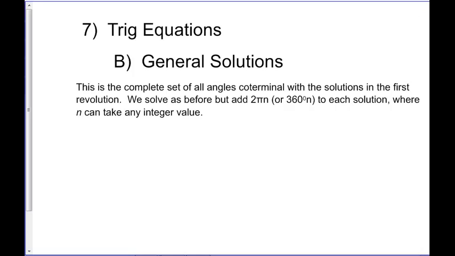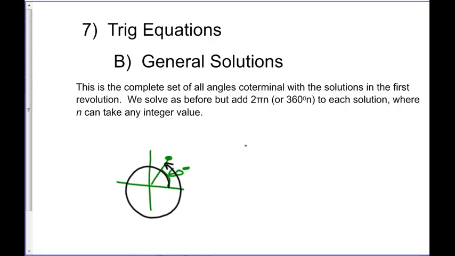The next thing we'll look at are general solutions. So in the last few questions, it always had this kind of domain: x is between 0 and 2 pi. But really, if we allowed ourselves to have an unrestricted domain, if you've got some question that has an answer of 60 degrees, you're also going to have an answer at the next revolution that ends up at 60.